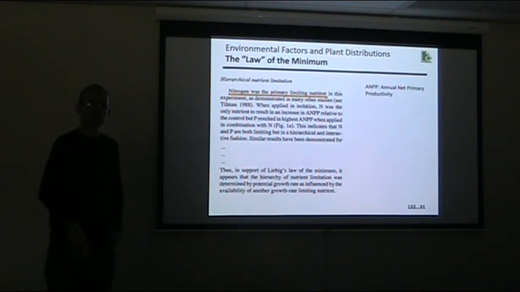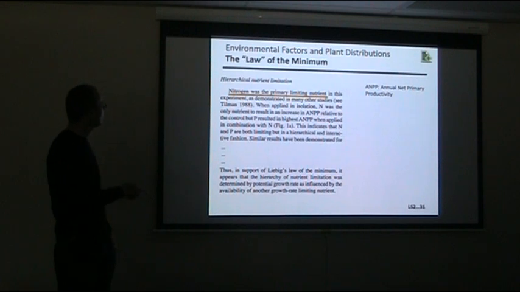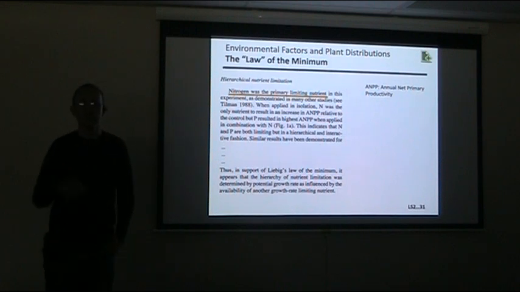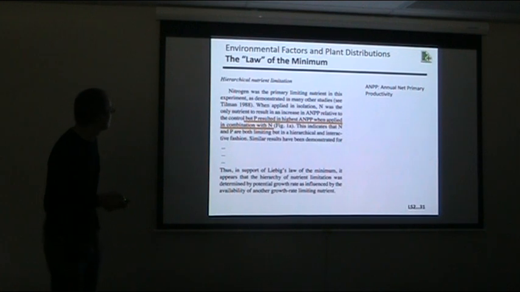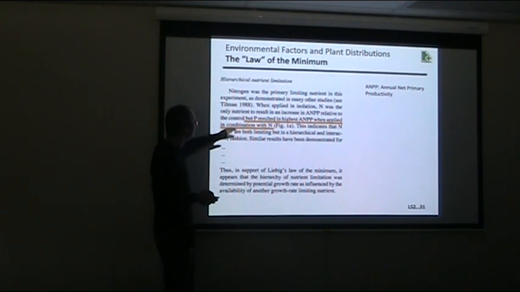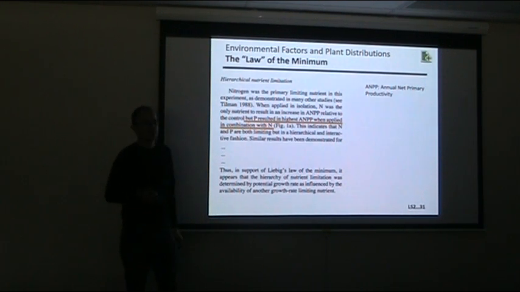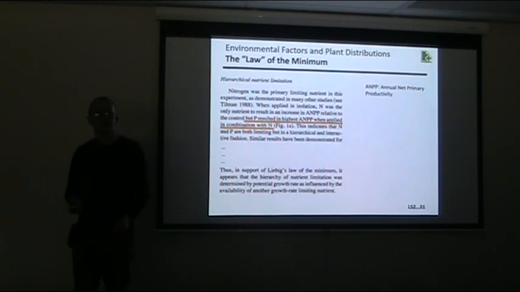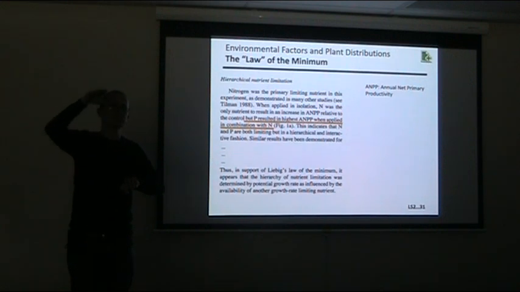If your nitrogen was low, your ANPP was low; you increased nitrogen, and your productivity increased. But when phosphorus was added in combination with nitrogen, you got your maximum. So it suggested that you lift nitrogen above that stave, and now phosphorus became the limitation.